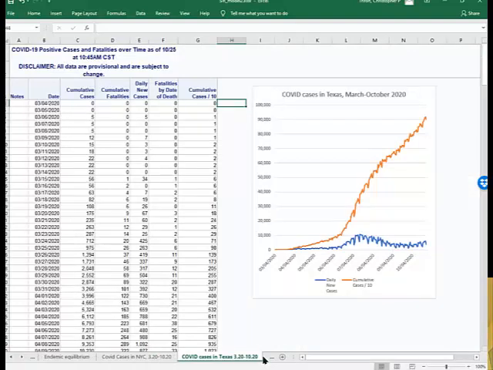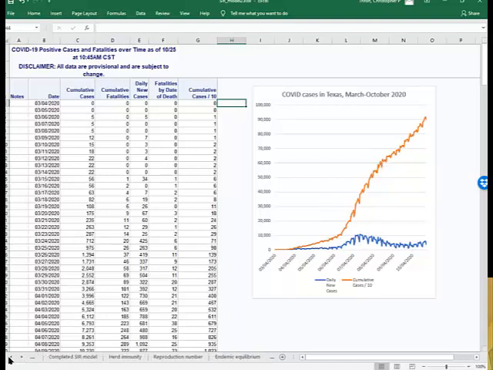Okay, so if you learn how to use spreadsheets for modeling, you can make your own graphs from public data and show how the disease is changing. Right? So this is data that's taken from real life.